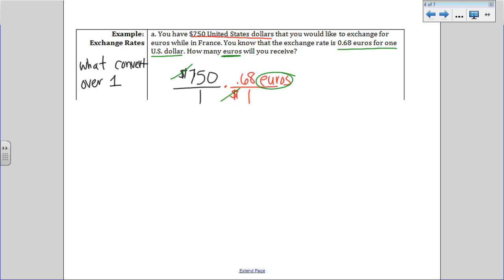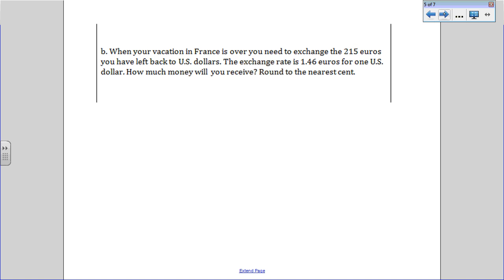I'm going to take 750 times 0.68. You do numerator times numerator. So 750 times 0.68 is 510. 1 times 1 is 1. That's going to give me my answer. 510 divided by 1 is just 510. Now go back and look at your problem. The only unit we had left was euros.